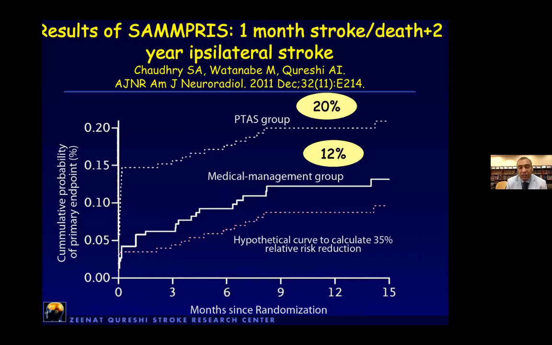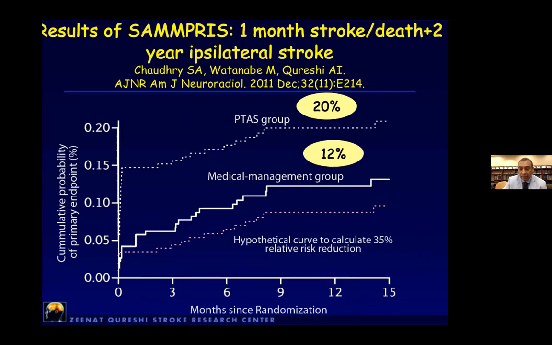If you follow these patients for over a year, the primary endpoint is 1 month stroke or death, or 2-year ipsilateral stroke, so stroke in the distribution of the stenosis. In the angioplasty stent group, 20% had that primary event, while in the best medical treatment group, only 12% had it.